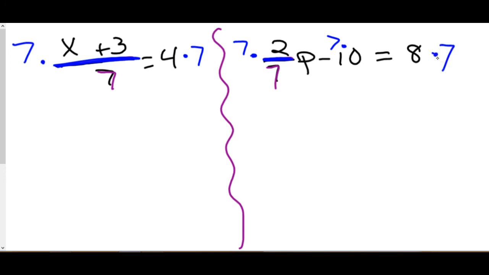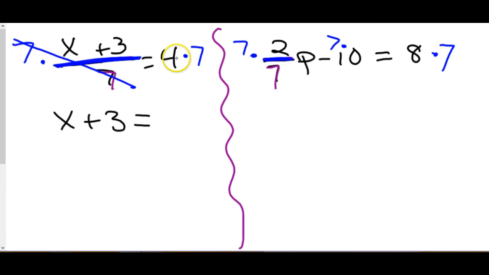So we have to make sure to multiply everything by 7, but if the divide sign is touching a whole bunch of things, when we say everything, that kind of counts as one thing. So when we multiply, the whole point is to cancel and get rid of that divide sign. So here we would just be left with x plus 3.